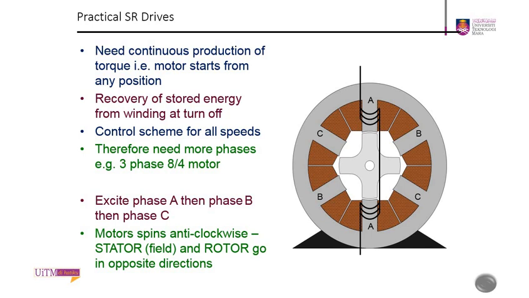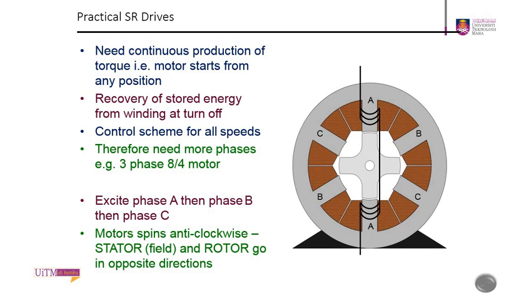For example, for a 3-phase 8 to 4 ratio motor, so 8 stator to 4 rotor motor, it excites phase A, then phase B, then phase C, and so on. So the stator field spins anti-clockwise, and thus the rotor will go in the opposite direction.